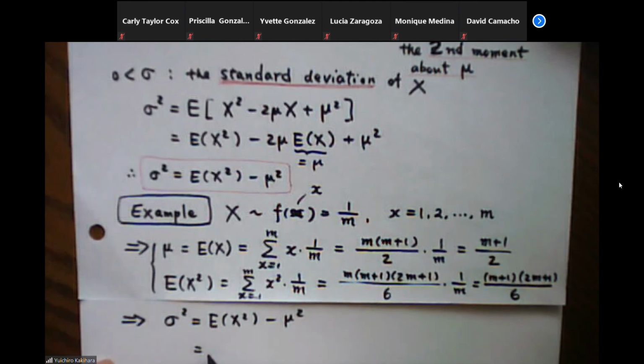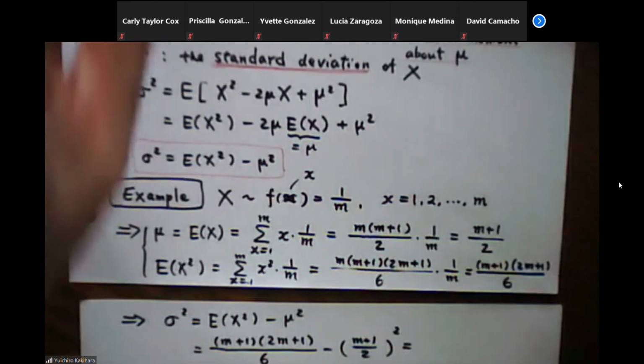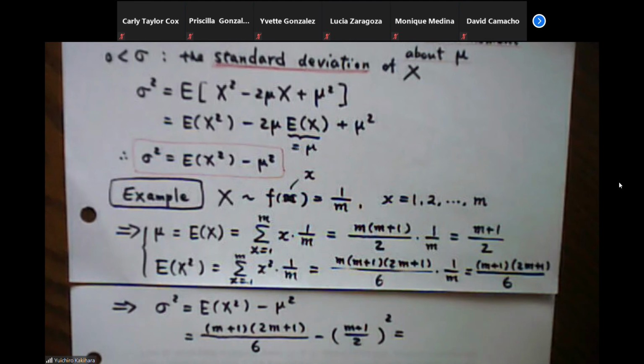And this is equal to m plus 1 times 2m plus 1 divided by 6 minus m plus 1 over 2, squared. Probably you can calculate this because m plus 1 is a common factor, and it's not so bad, I think. If you do this, then we have m squared minus 1 over 12. And this is what we have.